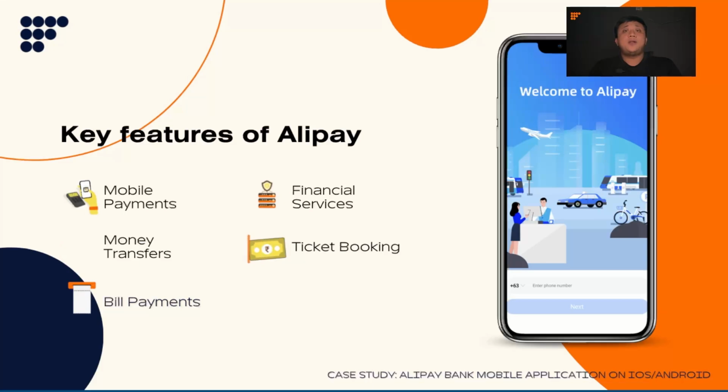For example, when paying bills, Alipay has to communicate with different service providers, each with their own system. The solution for this as QA is that we do integration testing to make sure Alipay works well with these other third-party providers without error.